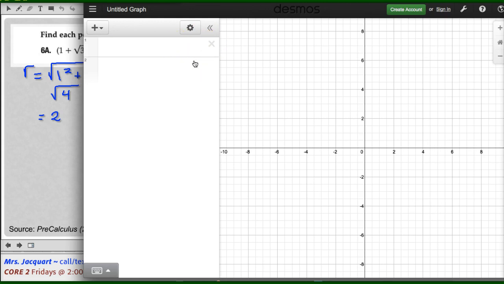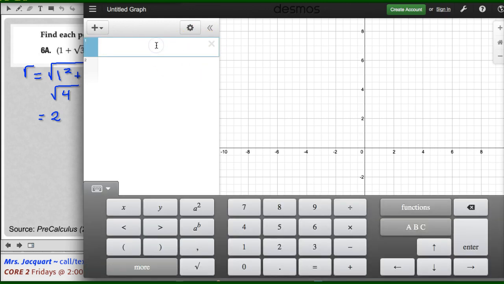Let's do tangent. I wonder if this will work. Tangent up arrow 1, negative 1. I don't know if it will. Square root 3. It did! Cool, I didn't have to use arctangent, but I could have.